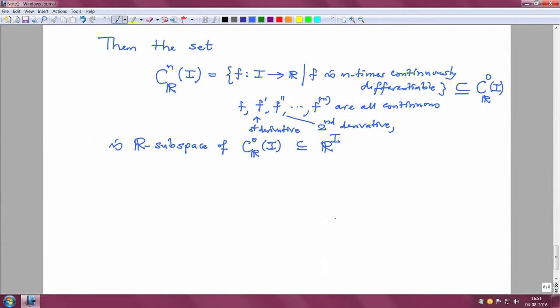And I could have done the same thing for complex numbers instead of real numbers also. So in general we have a big family.